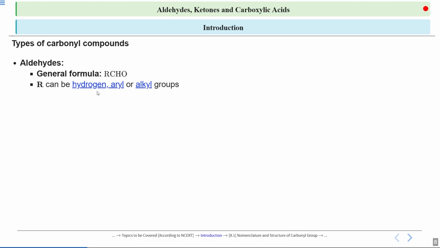It can be any one of them. The general IUPAC name of aldehydes is alkanal. Normally we say it is written as alkane, so the E over here is replaced by AL. So the IUPAC name is alkanal.